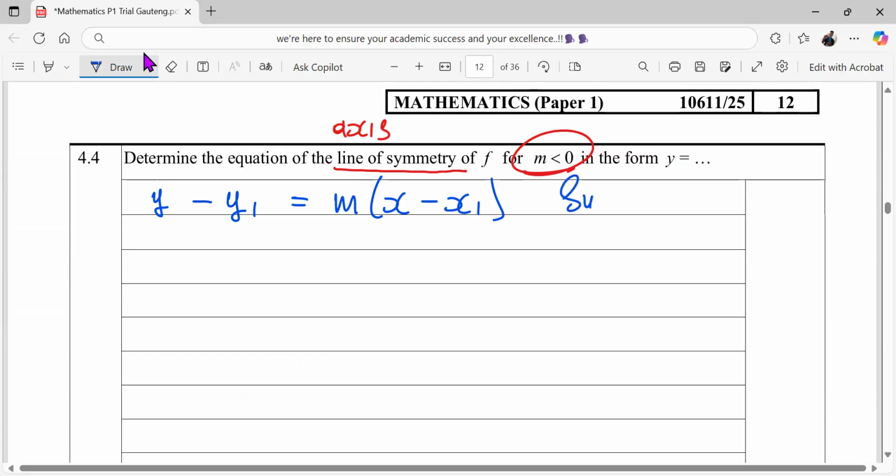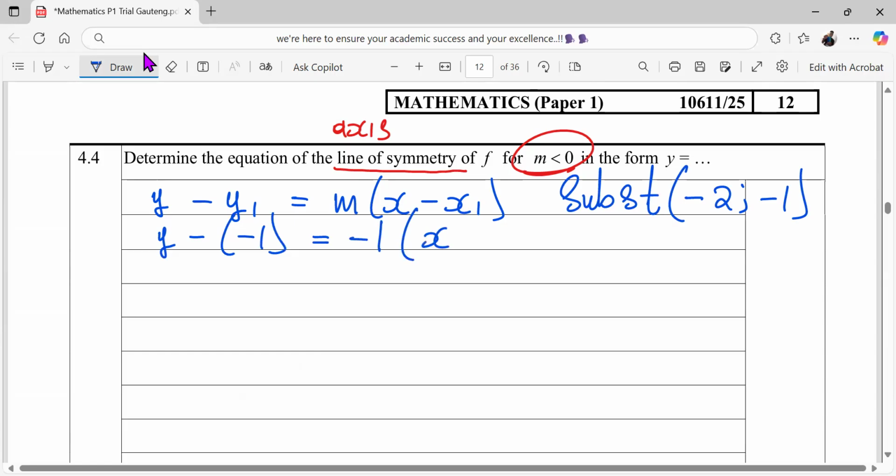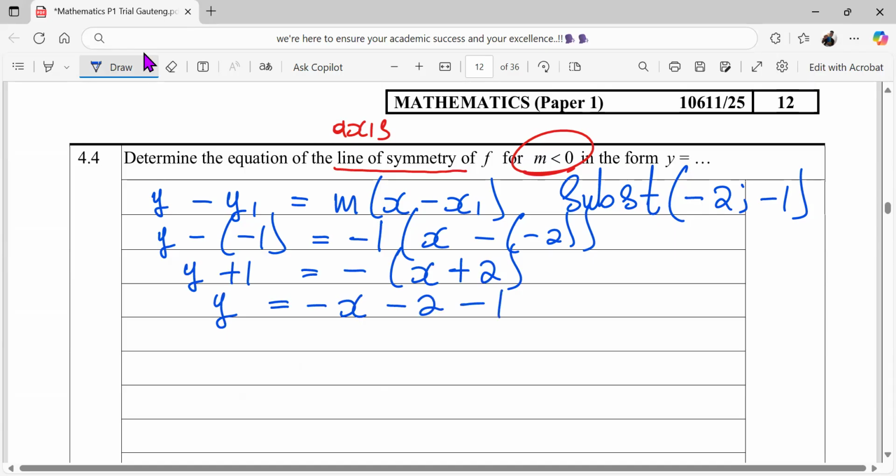Into this formula, I'm going to substitute the point of intersection of the asymptotes, which is (-2, -1). So y1 becomes -1. It's the one that has a gradient of -1. And x1 becomes this one. So we have x + 2 here, and we have -(x + 2) - 1.